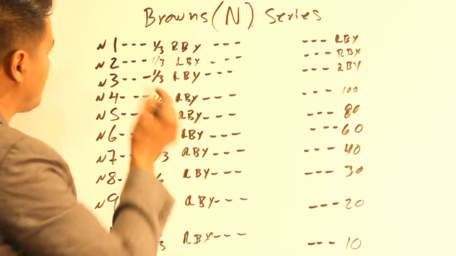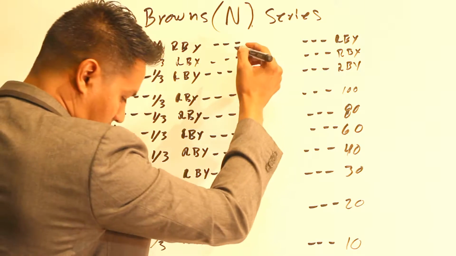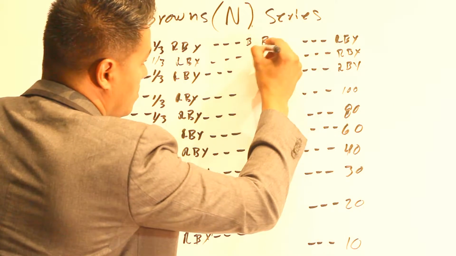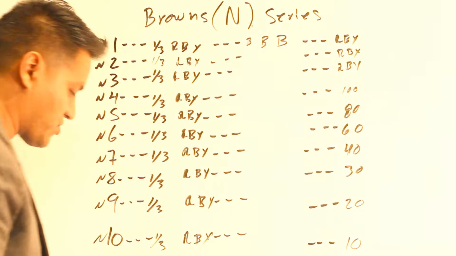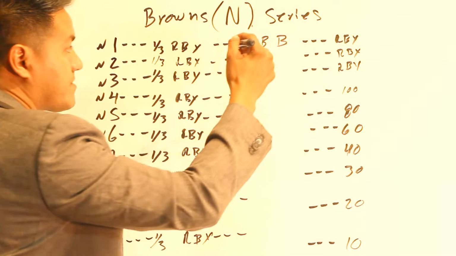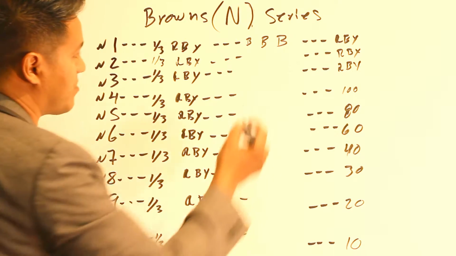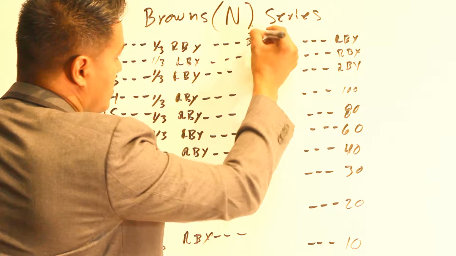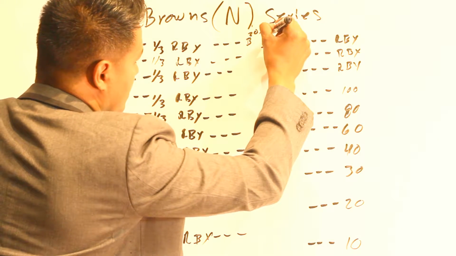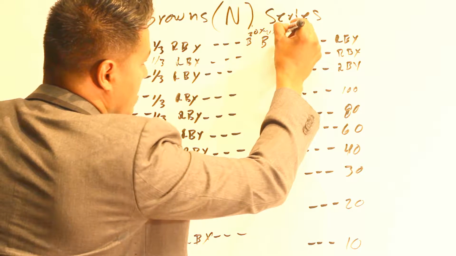So, for example, 1N has 1/3 red, blue, and yellow, plus the contribution of the 1N is blue, blue, blue, so it has 3 molecules of blue, and I will put this as numbers because I like to do numbers. So basically, blue we have 20%, another one we have another 20% of blue, and right here we have the 10% of blue.